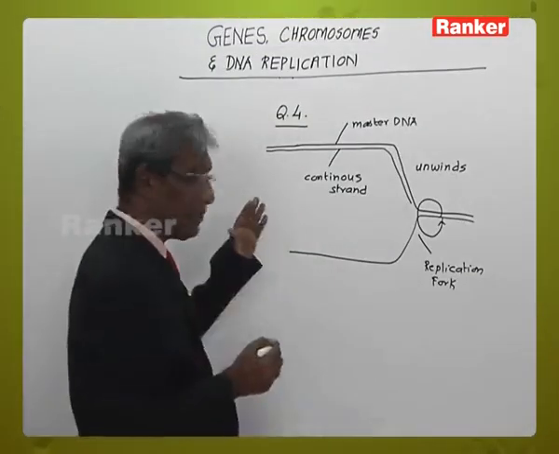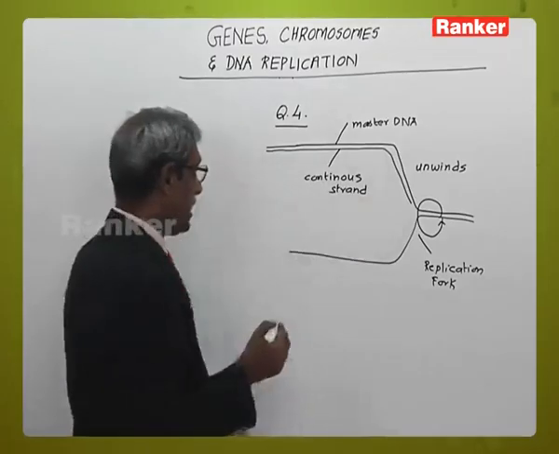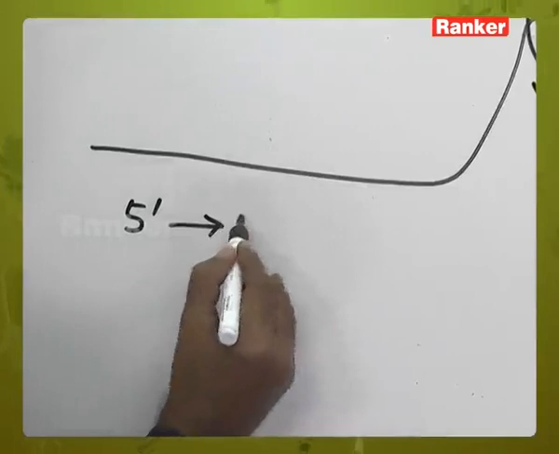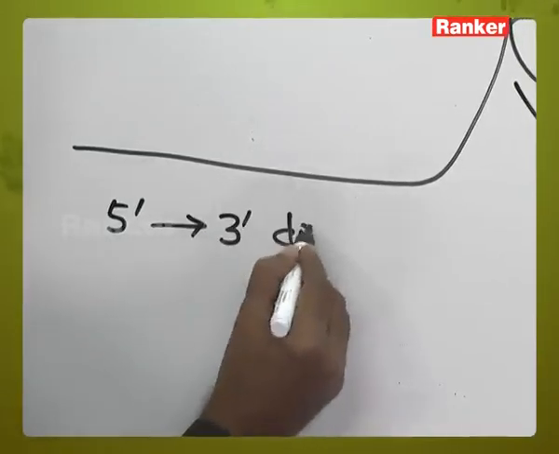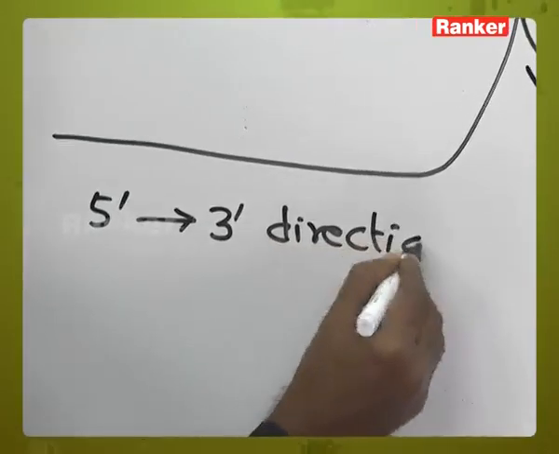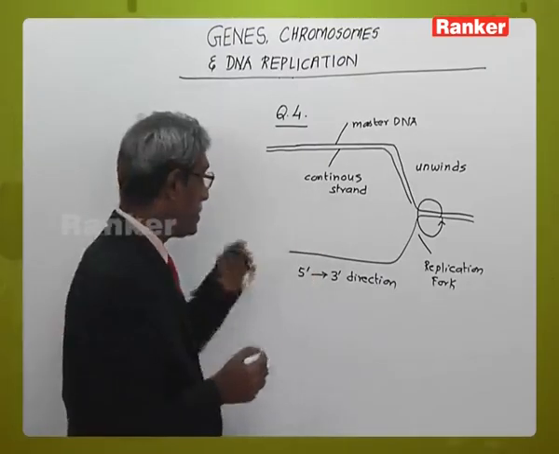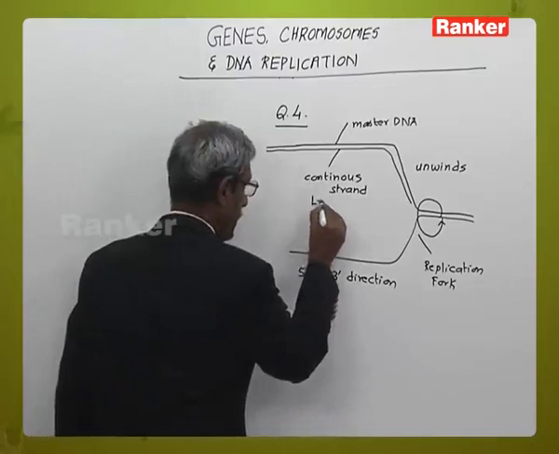The continuous strand is formed from the 5' to the 3' direction, and the strand which is formed continuously is termed the leading strand.